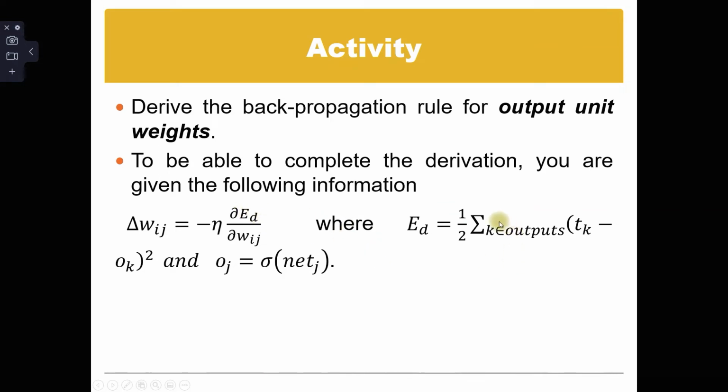ED represents our error rate, which is defined as half of the sum of tk minus ok squared, where k represents the outputs. Bear in mind that for our particular example, there is only one output node, but this is a general formula that applies for one or two or three or whatever number of output nodes that you might have.